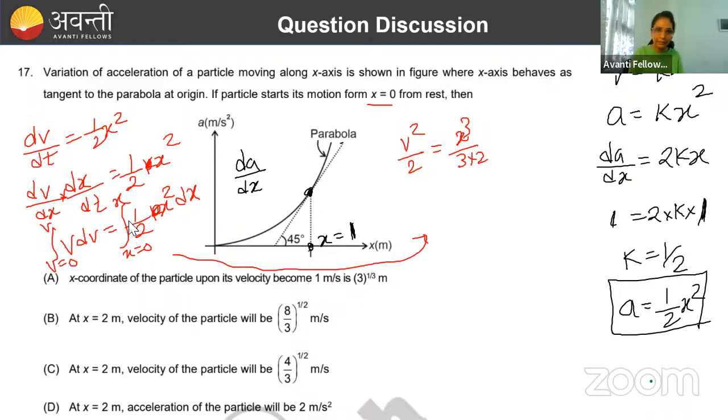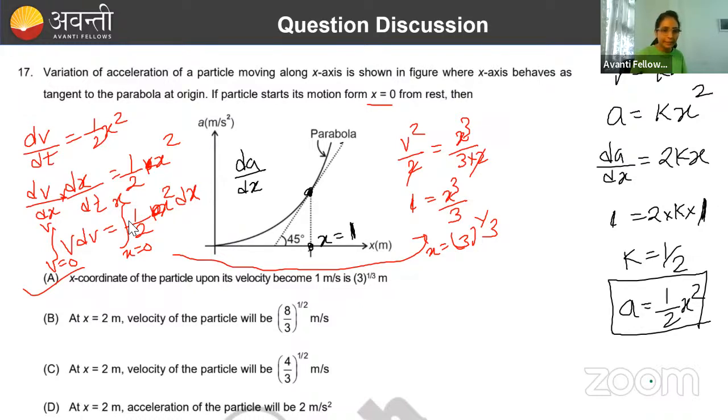This is the thing that we are getting. So v square is equal to x cube by 3. Now if velocity is 1, then x cube is 3, so x will be equal to 3 to the power 1 by 3. So the first is correct. Done.